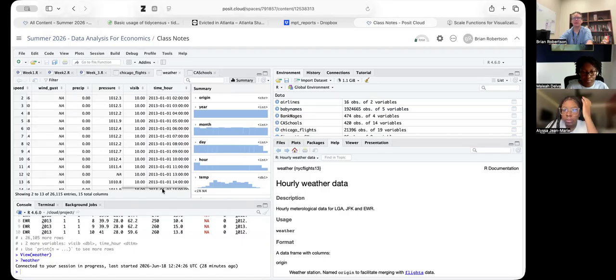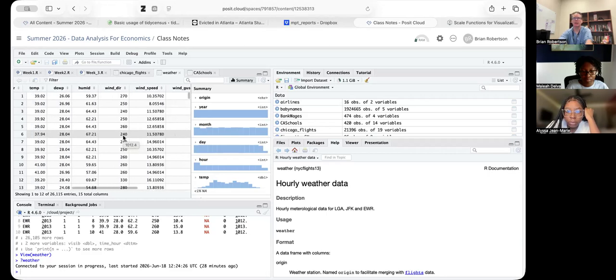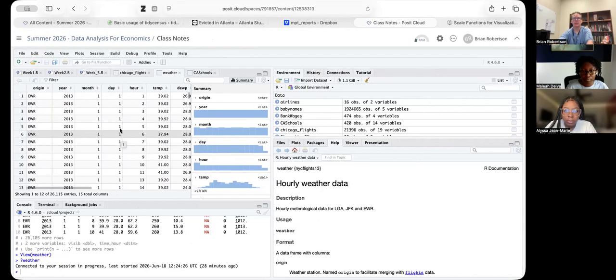And what I want to do is match the specific time that a flight was taking off with the specific time of this weather, right? Those two together should give me some indication of what weather was happening at the time that flight was scheduled to depart.